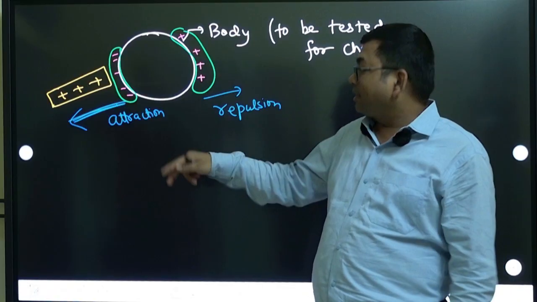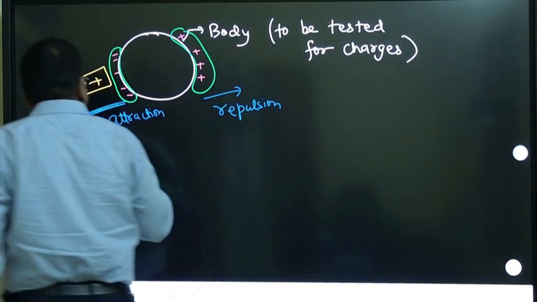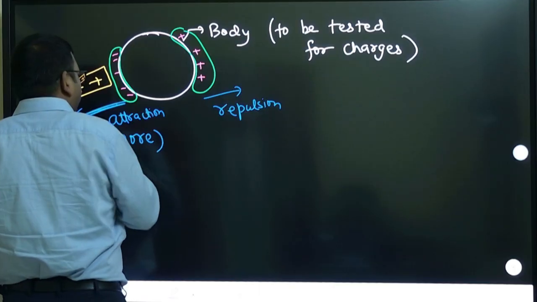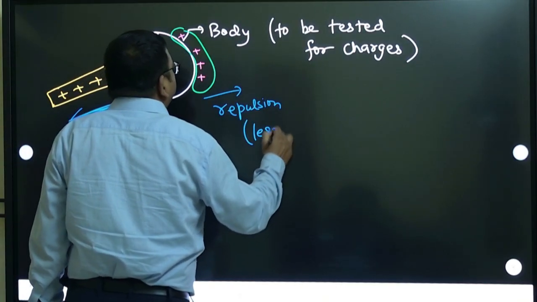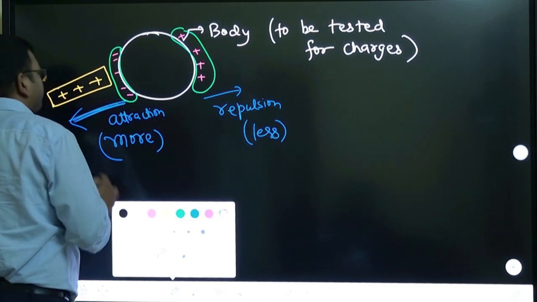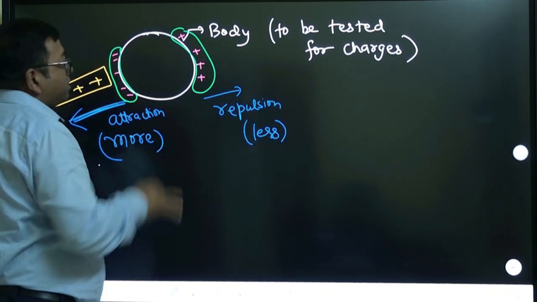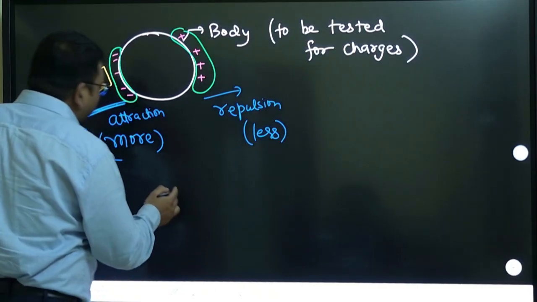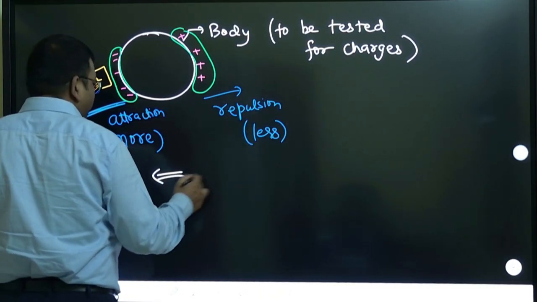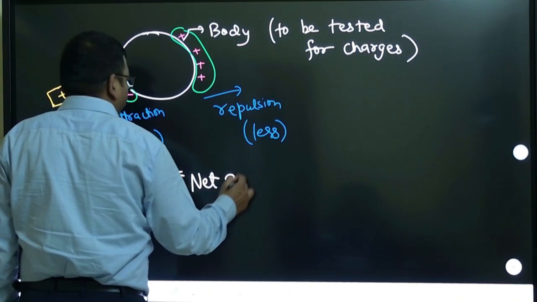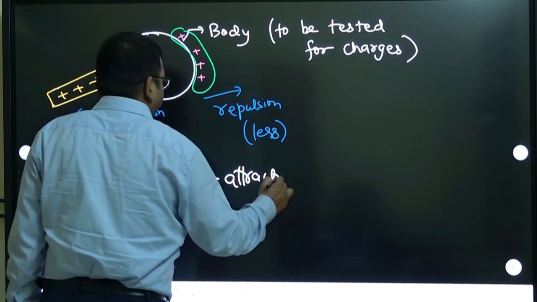So attraction is more and repulsion is less. Because of this, the body you want to test will experience a resultant, net attraction.